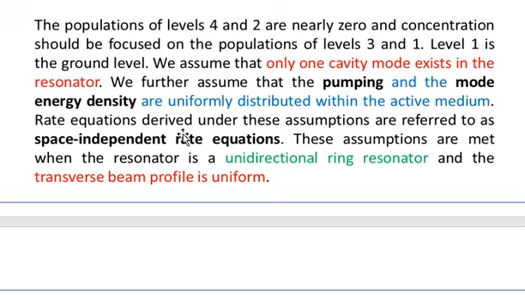The rate equations derived under these assumptions are referred to as the space-independent rate equations, because we are assuming uniformity in the pumping process and also uniformity in the mode energy density. That's why we call them space-independent rate equations. These assumptions are met when the resonator is a unidirectional ring resonator and the transverse beam profile is uniform.